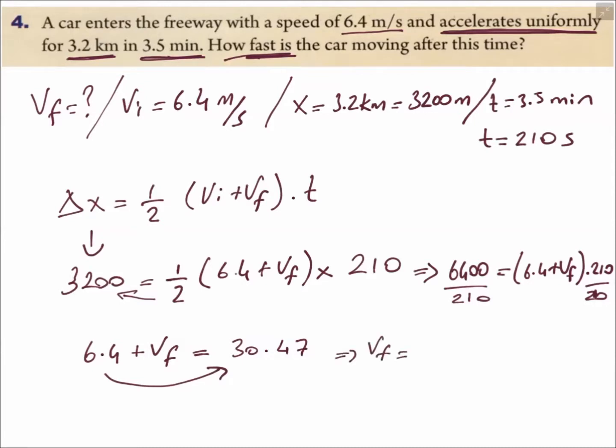V final equals 30.47 minus 6.4. Finally, v final will be 24.07 meters per second. Thanks for listening.